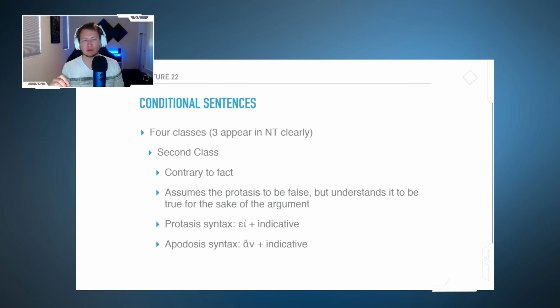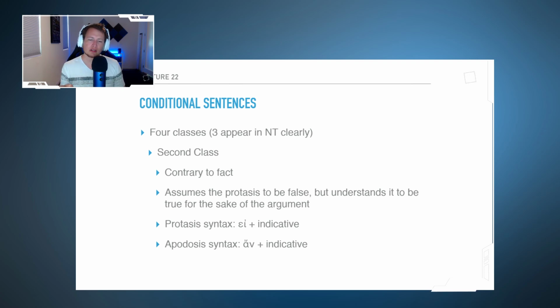But for the sake of the argument, we're saying this is true. So if Donald Trump were never president, then blank. We're assuming that that's false. We know that to be false. But for the sake of the argument, we're making it true. So this is the second class.